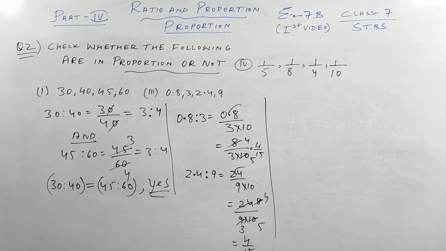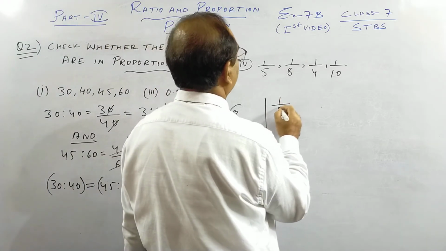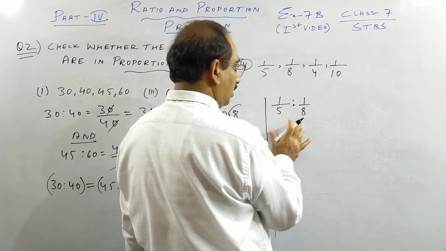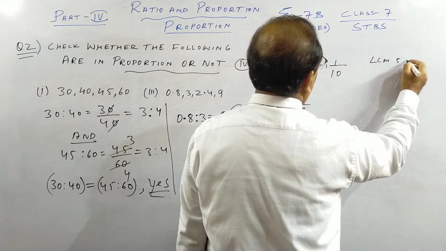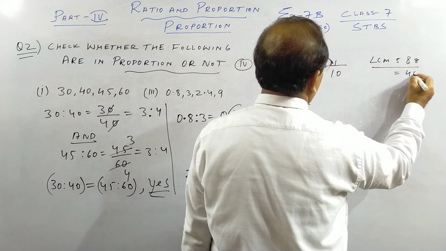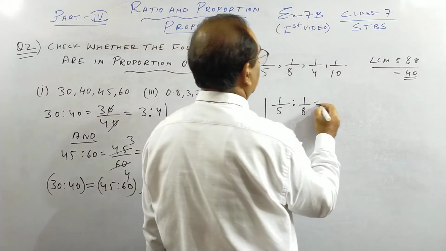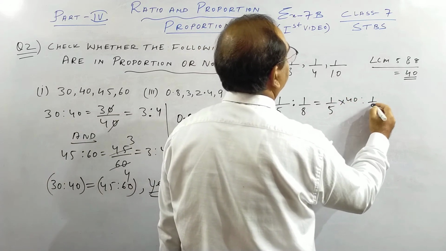So see the last question. Same way, children, 1 by 5 is to 1 by 8. Now see here, LCM of 5 and 8 is, if you see, 8 fives are 40. So what we do, children, each term we multiply by 40.